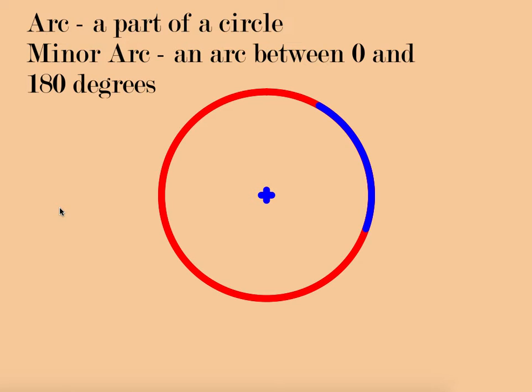An arc is any part of a circle. And specifically, we have 3 different types of arcs. We have a minor arc, a major arc, and then a special case, the semicircle. So a minor arc is just an arc that has between 0 and 180 degrees, and it can be placed anywhere on the circle. So I just drew an example of one here, but I could draw another one.